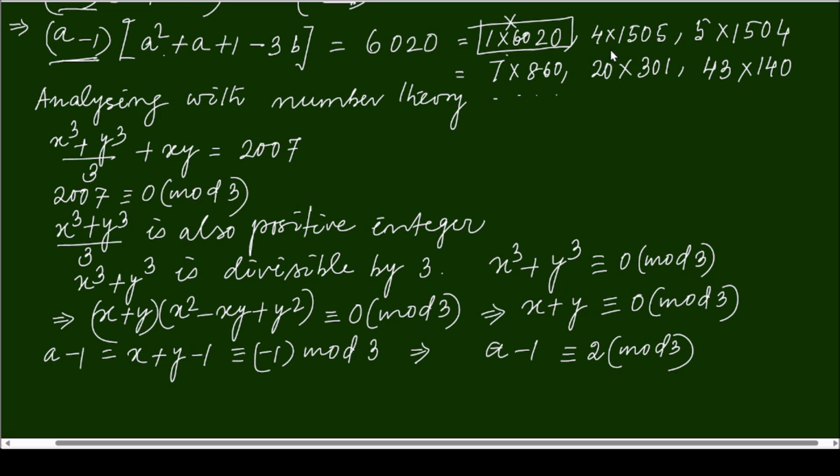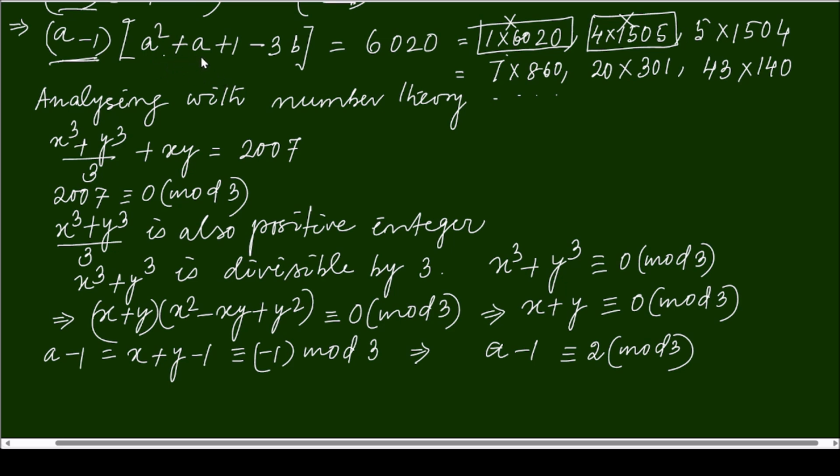Coming to the second one, 4 is not congruent to 2 modulo 3, because 4 divided by 3 leaves only 1, so this is cancelled. In the same way 5 is also cancelled, because though 5 is 2 modulo 3, if we put it here, it does not satisfy the equation. If a minus 1 is 5, then a is equal to 6.